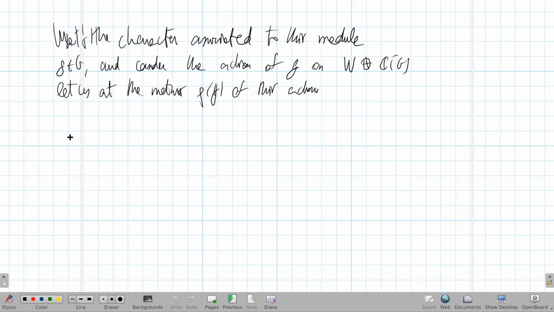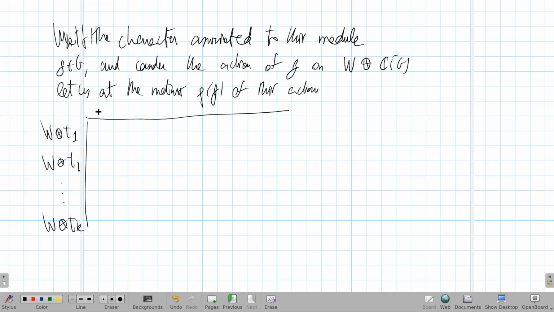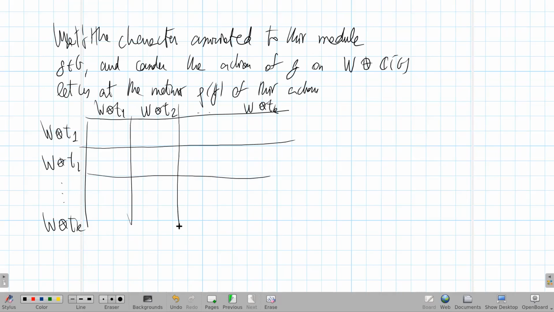Which means that here we have W T1, which is then W times 1, and the same here. And so this is a block matrix. And since we are interested in the character, we just need to look at what happens on the diagonal, right? Because the character will be the sum of the elements on the diagonal.